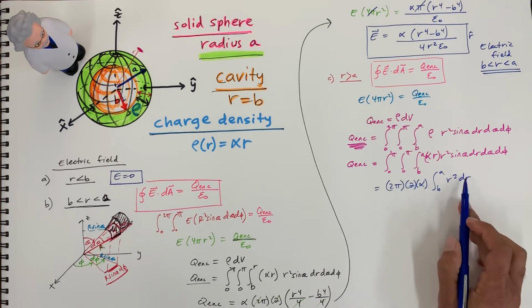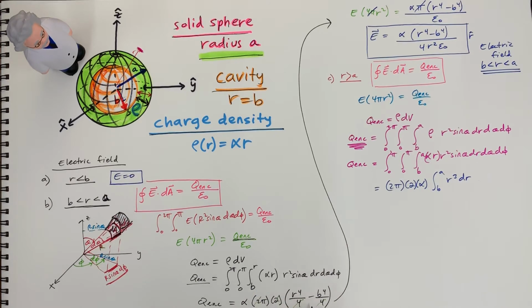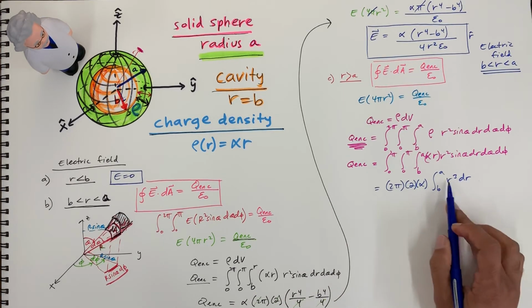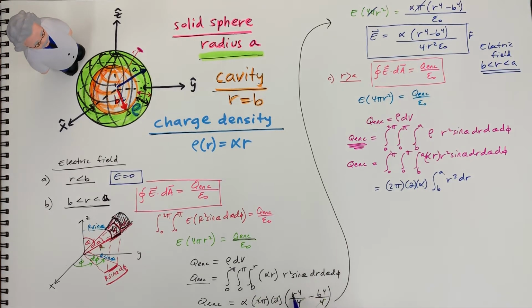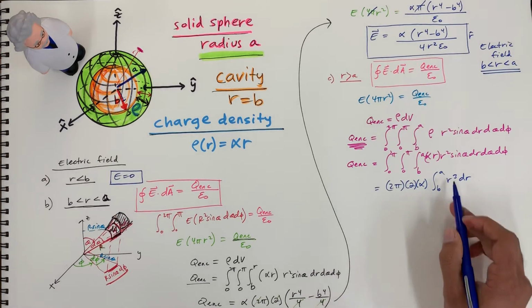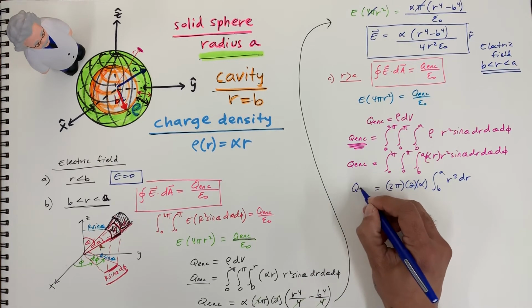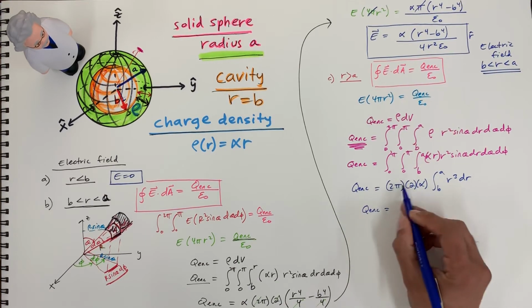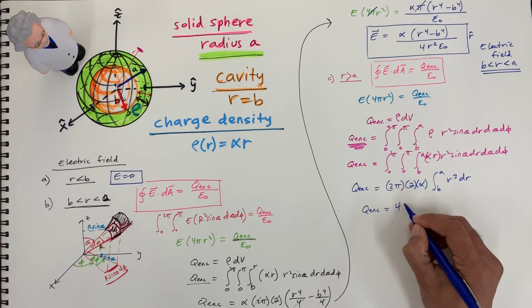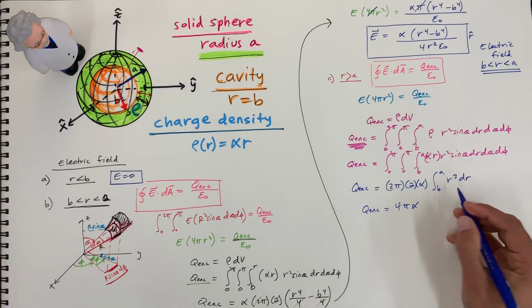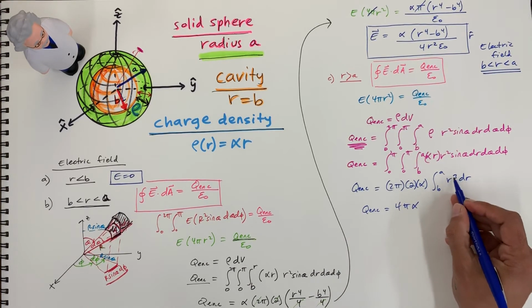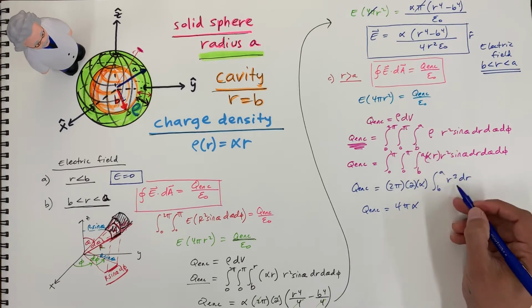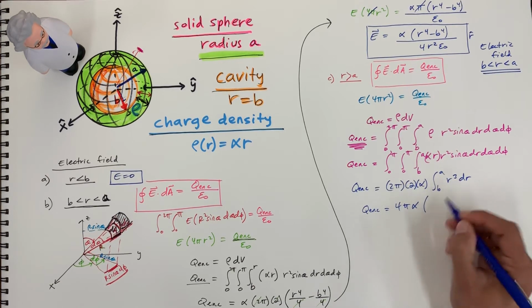Okay, so I didn't show this step last time here, but this is what it looks like before you integrate it, making it a 4 over 4. So it's going to be the same thing on this side. Okay, so q enclosed is equal to, combine these two, 4 pi alpha. The integral of this is going to be r fourth over 4, and I'm going to put in the limits of integration already.